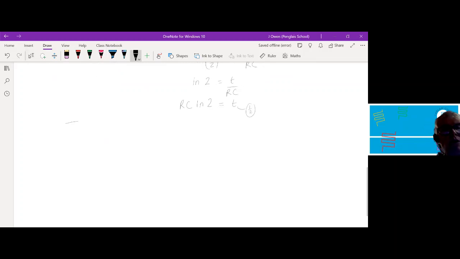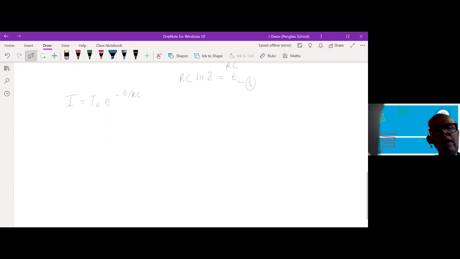Now, you've got this equation, I equals I naught e to the minus t over RC. They love you trying to get that into a form that physicists like, and that is a straight line relationship. And what you're going to have to do is log it, and natural log it because you've got an e there.